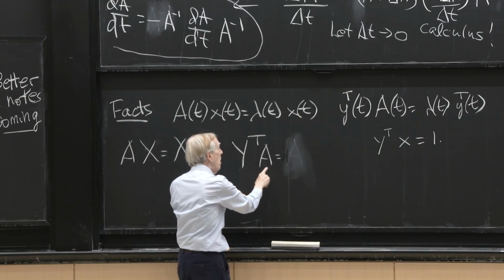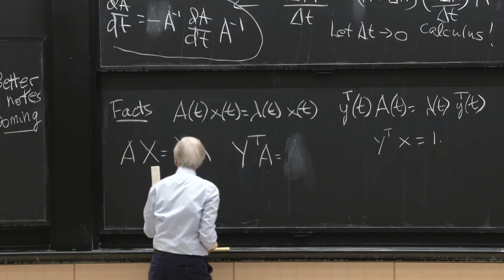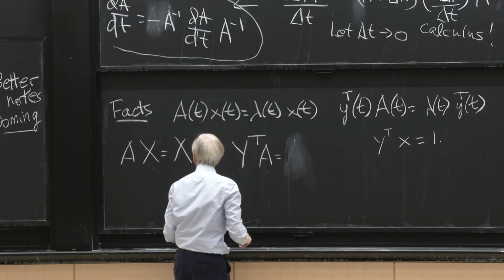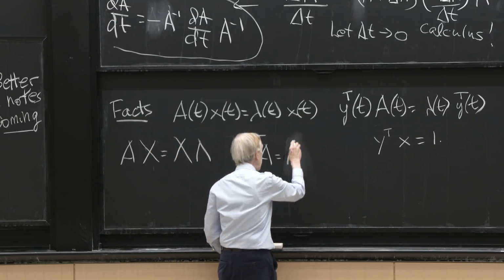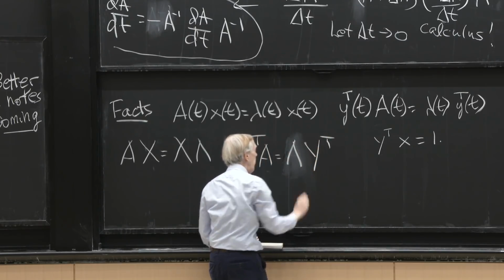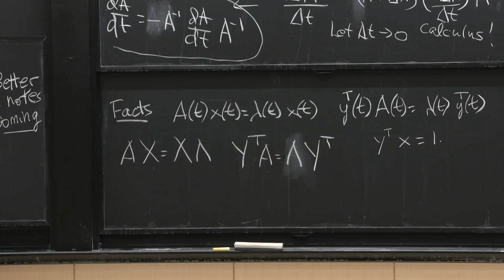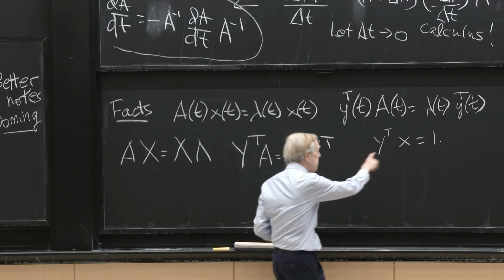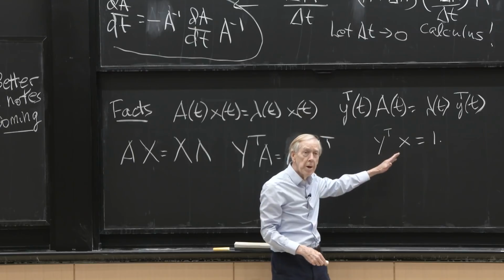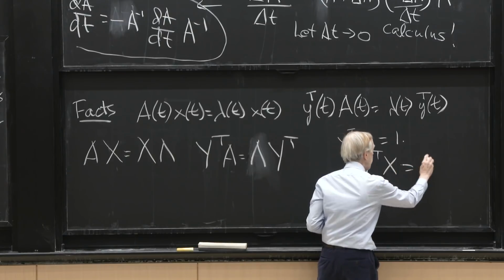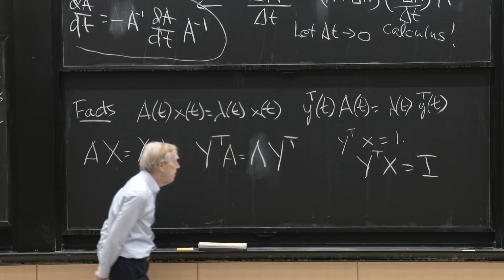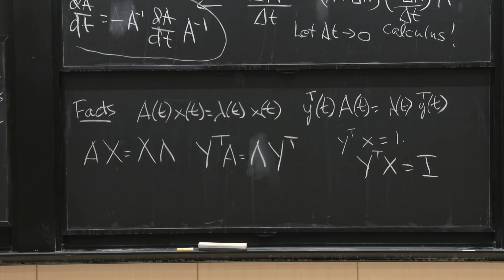So lambda Y transpose, thanks. And what does the normalization translate to? If this was for one eigenvector, for all of them at once it's just going to translate to Y transpose X equals the identity. This is pretty basic stuff, but stuff somehow we don't always necessarily see. Okay, those are the key facts.